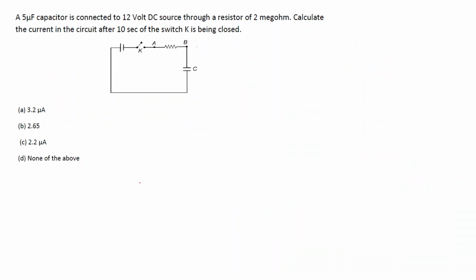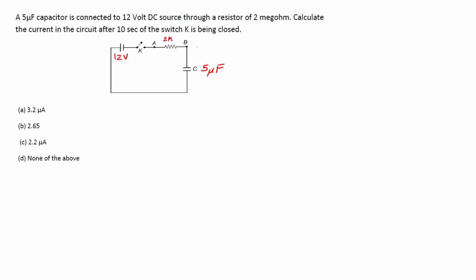Now we have one more question. The question is, a 5 microfarad capacitor is connected to a 12 volt DC source through a resistor of 2 mega ohm.